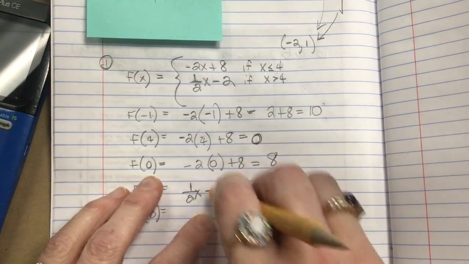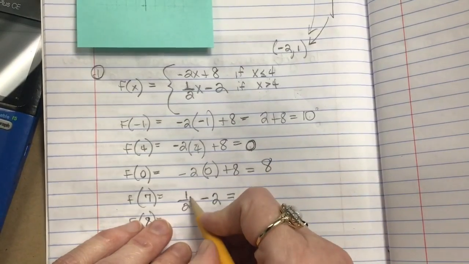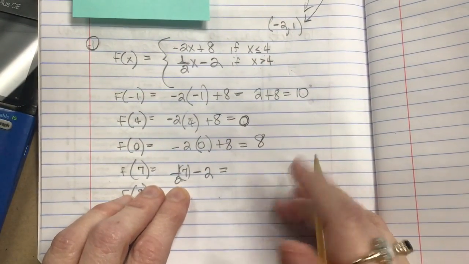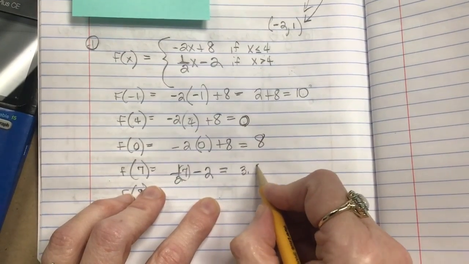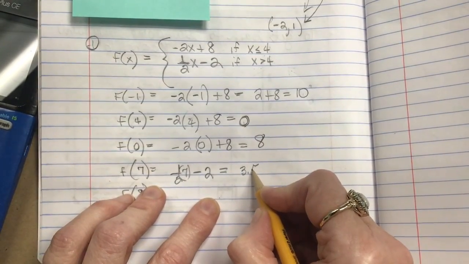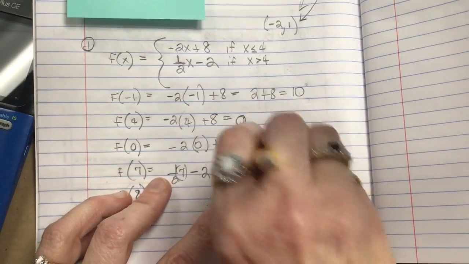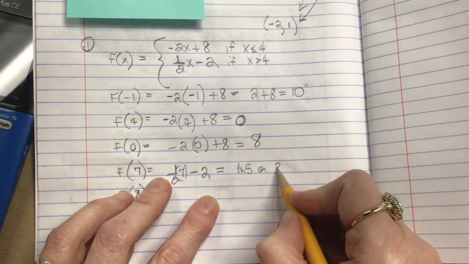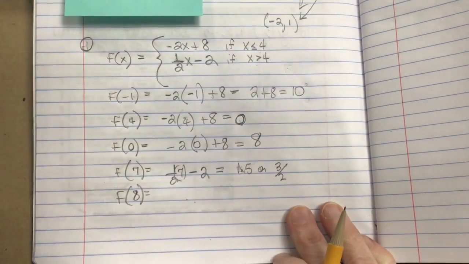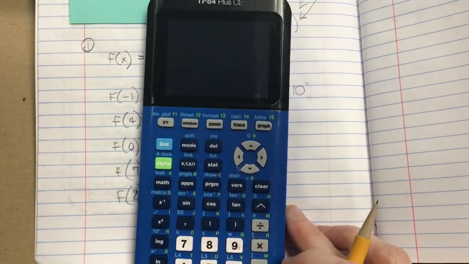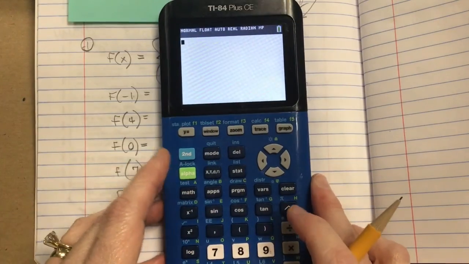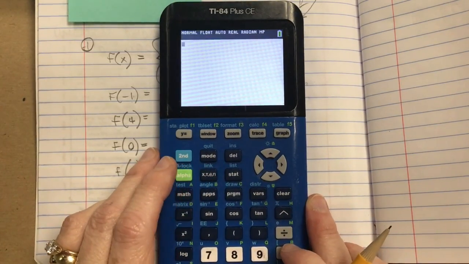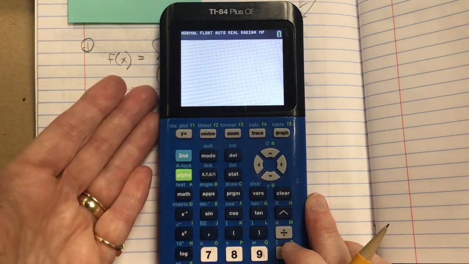So we put in 7. And depending on how you type it, it'll either give you 3.5, let me try that again. It'll give you 1.5, because it's 3.5 minus 2, 1.5, or it gives you 3/2. And why I have never figured this out, I don't know. And here's the deal about that. Do you know when we've been using that alpha x key? If you use the alpha x key, and you can just do this on your home screen.